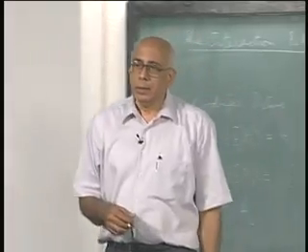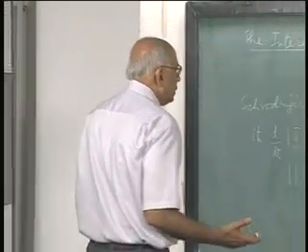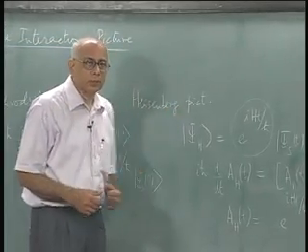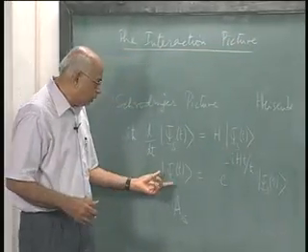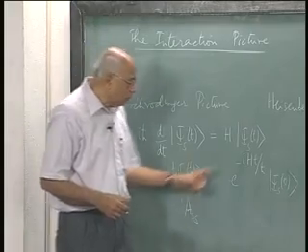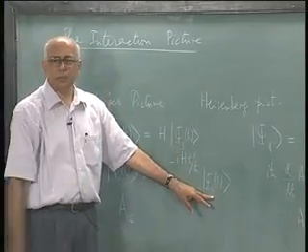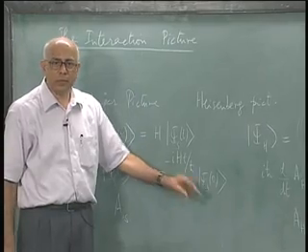Dirac's idea was the following. He said, after all, whether the Hamiltonian has time dependence or not, the Schrodinger state vector is going to evolve by some unitary operator acting on whatever is the initial state that you give me.